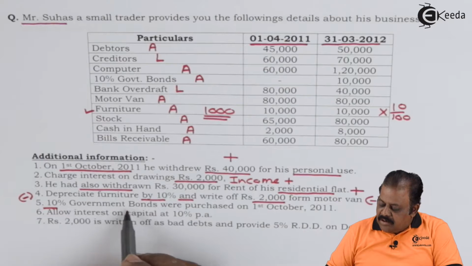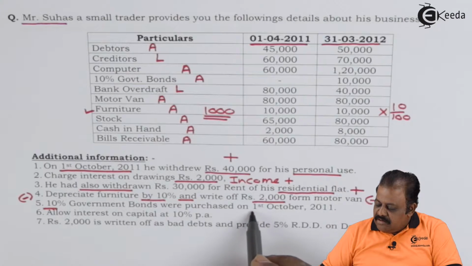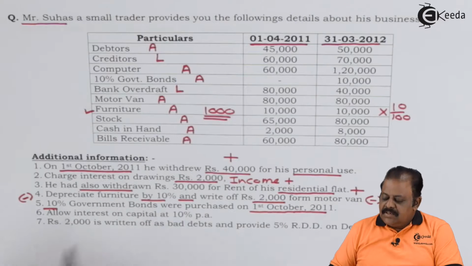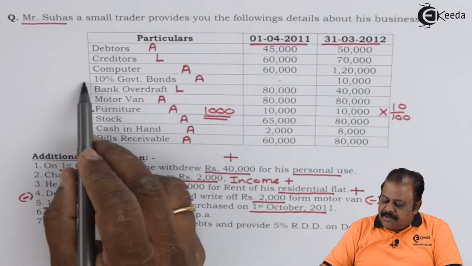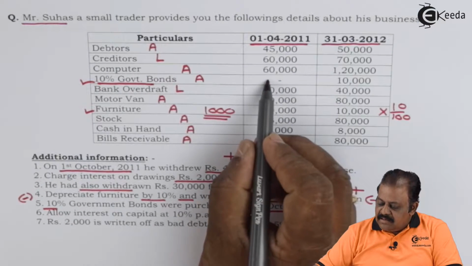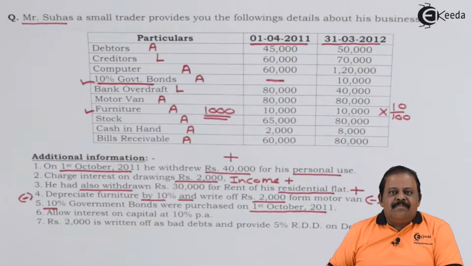10% government bonds were purchased on 1st October 2011. Here we have information of 10% government bonds. Opening, there is nothing. That means at the beginning of the year, this investment was not there. This was purchased in between the year.